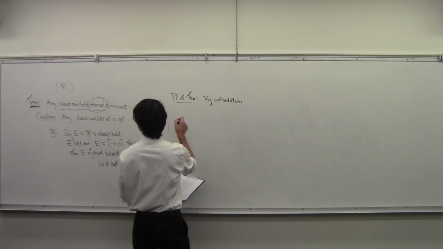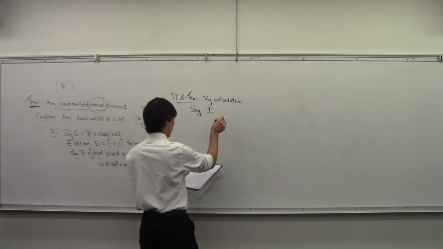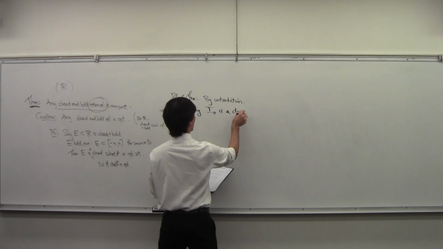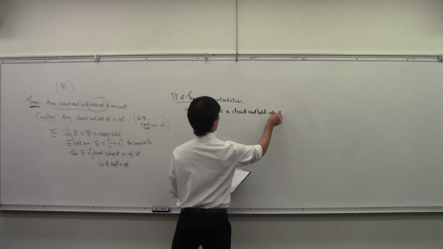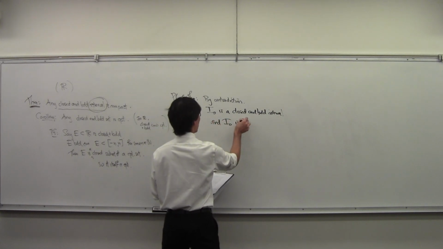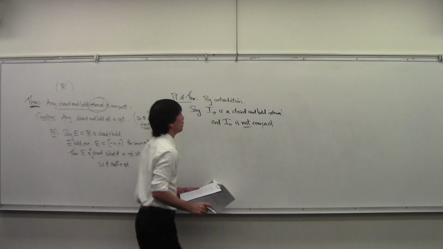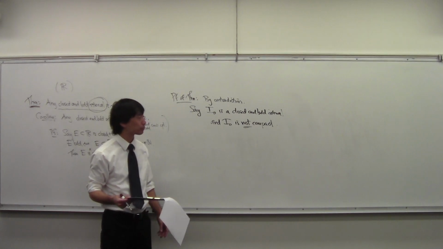So suppose that I naught is a closed and bounded interval, and that I naught is not compact. And we're going to get craziness from here.